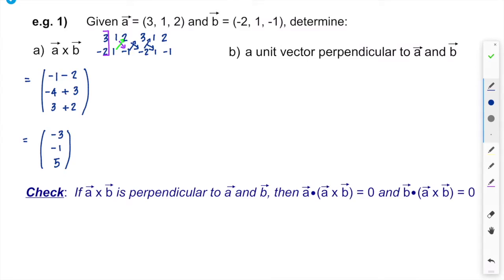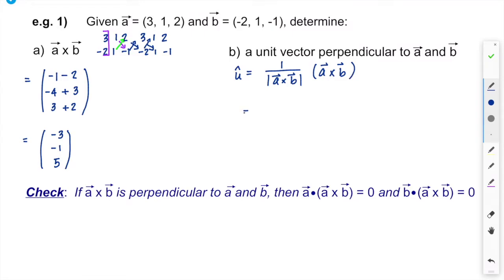Part B, we're going to look for a unit vector that is perpendicular to A and B. Well, we know that this vector will be in the same direction as the cross product. So that means we can take the unit vector of A cross B to achieve this aim. Okay.